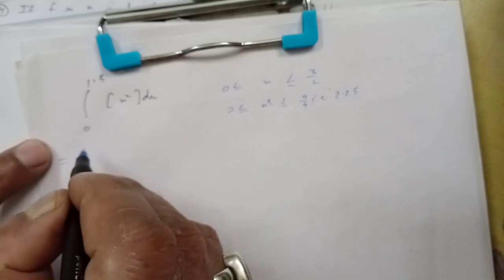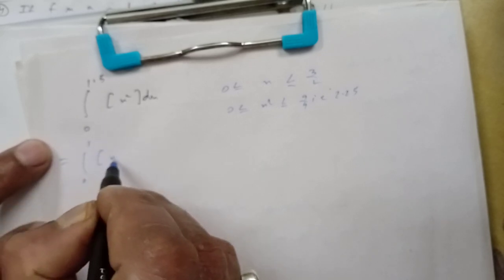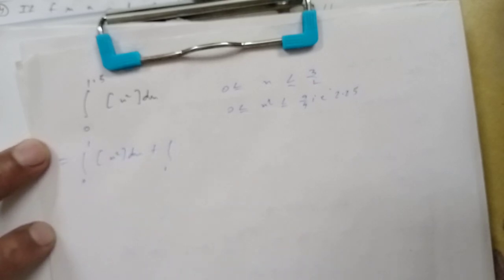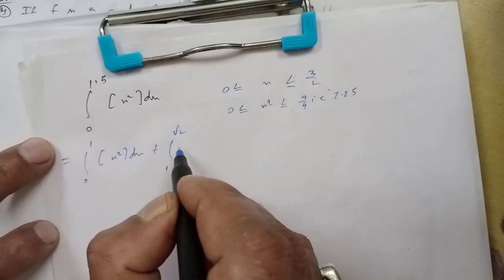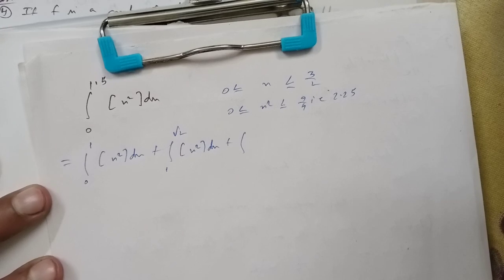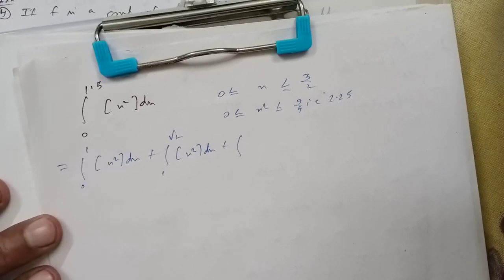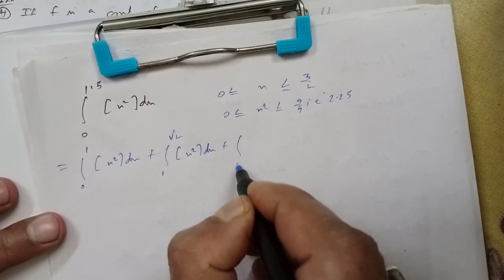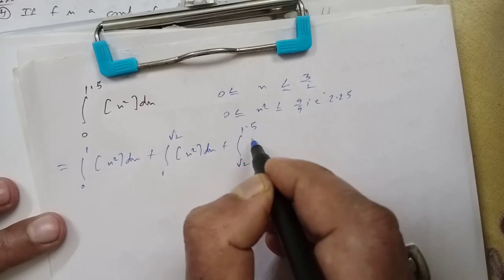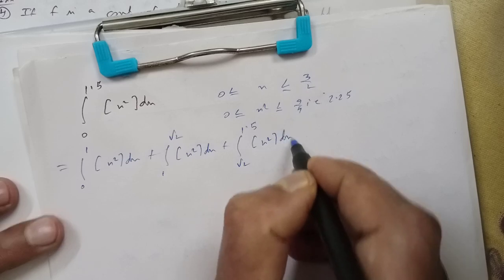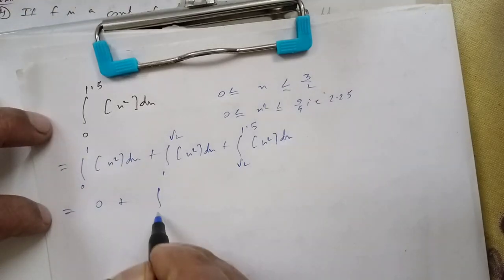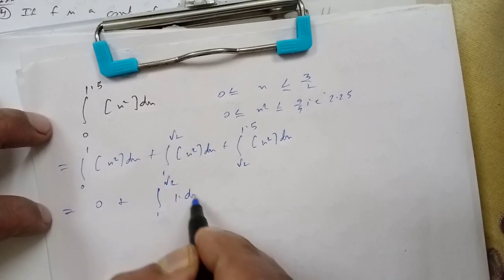0 to 1 box x square dx, then 1 to root 2 box x square dx, and then root 2 to 1.5 box x square dx. This first one is 0. This is integration 1 to root 2 of 1 dx.